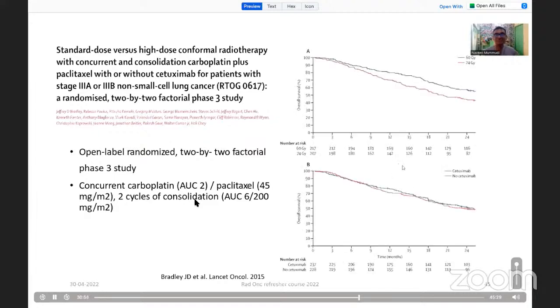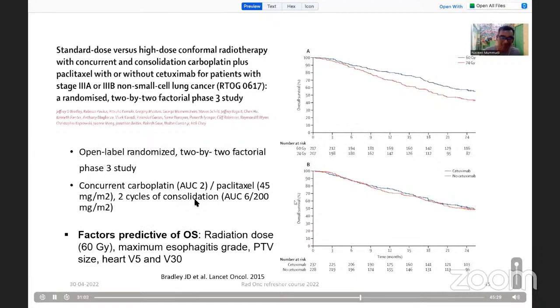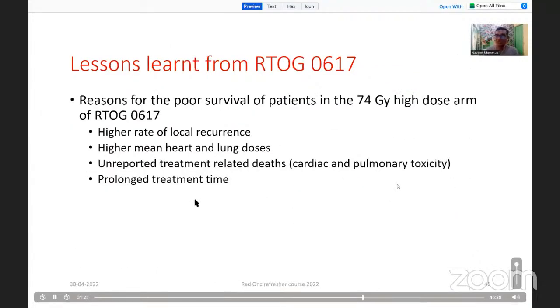And unfortunately, it showed that patients who received 74 gray actually did not fare well. They did worse than the patients who received 60 gray. So without going into the details of this paper, what we did learn from this study is that the factors predictive of overall survival were the dose to the heart and the PTV dose, which possibly led to certain unrecognized toxicity in patients with the higher dose.